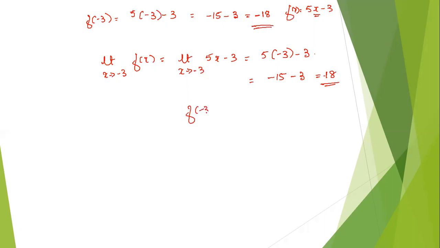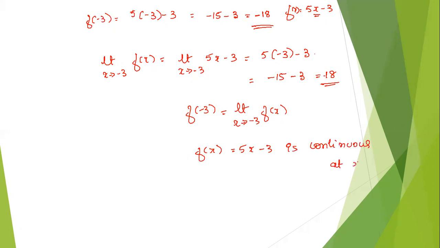So f of minus 3 is equal to limit x extending to minus 3 f of x. So we say a function f of x is equal to 5x minus 3 is continuous at x is equal to minus 3.